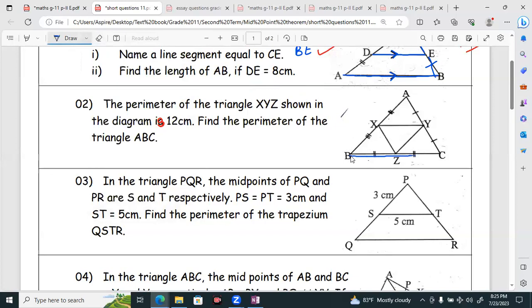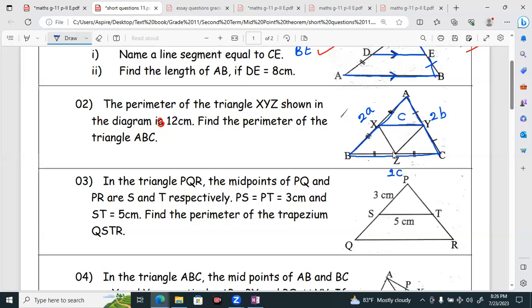Here, it is mentioned that all three sides are not equal, because you can identify that the midpoints are different. If I take that AB side equals 2A, AC side equals 2B, and BC side equals 2C, then XY is half of 2C because it is the line which joins the two midpoints.